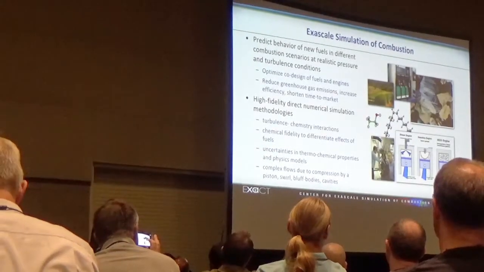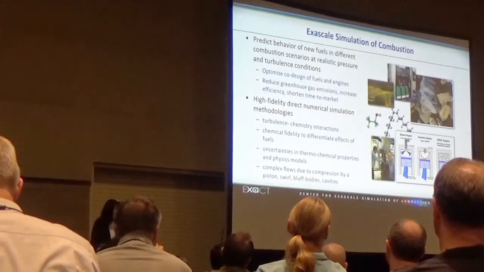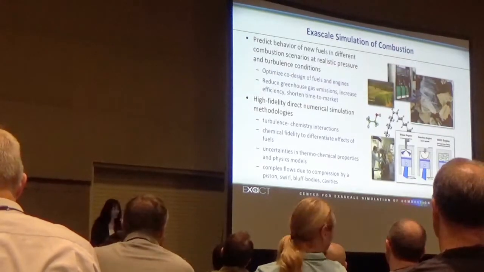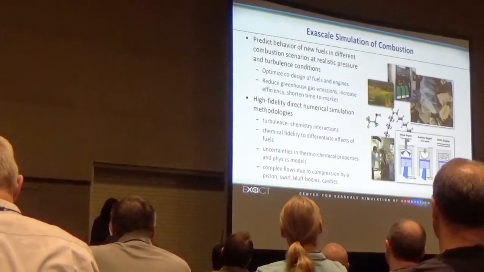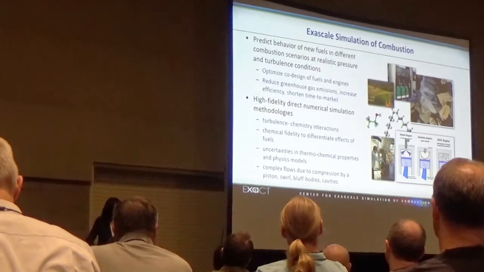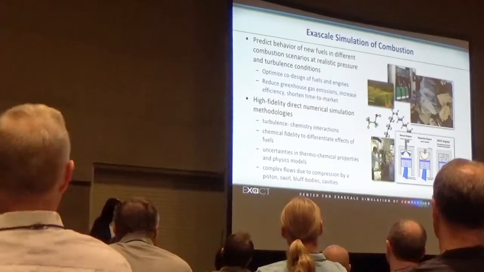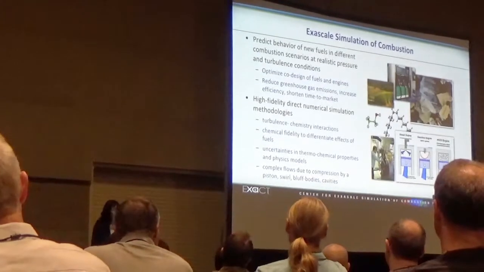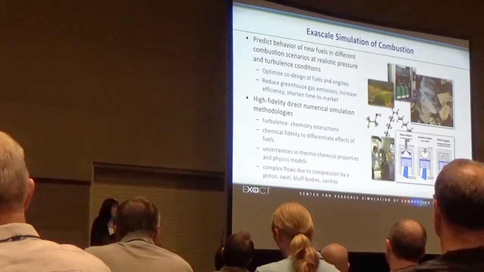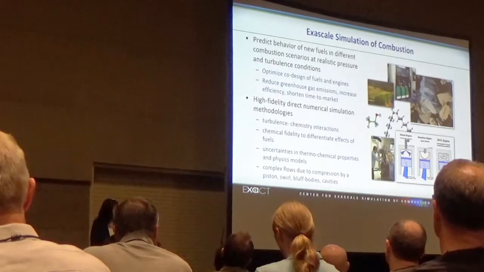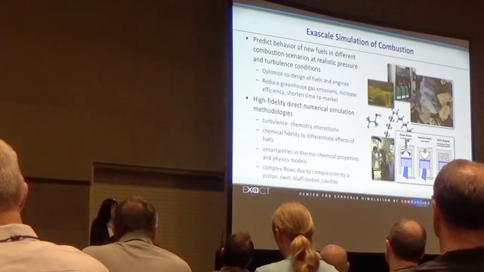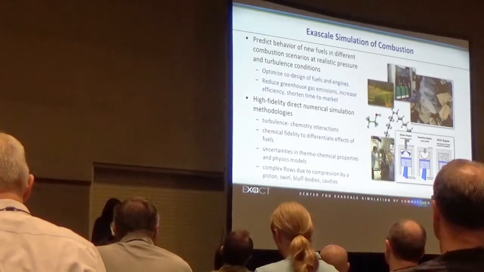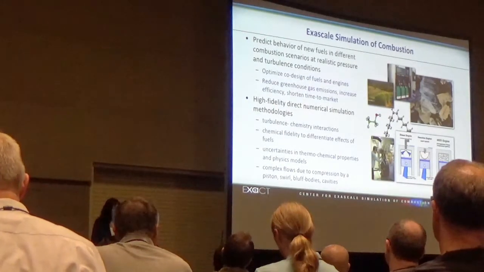And designers of practical combustors, the airplanes that you fly, cars and trucks that you drive to deliver goods, and the power plants that generate electricity in your homes and offices, require that we optimize both the design of fuels as well as the design of the combustors, or the engines, for example, with the overarching goal to reduce the amount of emissions, particularly greenhouse gas emissions, increase the efficiency so that we can responsibly use the remaining fossil fuel resources that we have, and more importantly, to shorten the time to market to make our industries competitive.